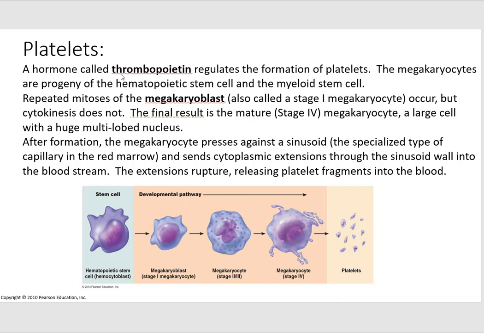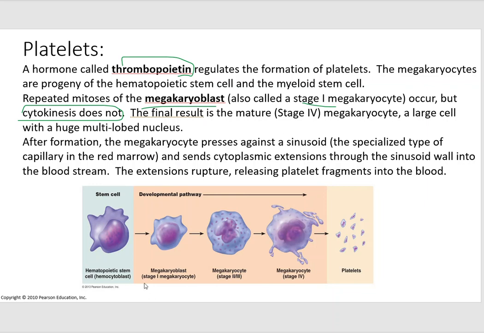Hormone called thrombopoietin. Remember we had erythropoietin to cause the production of red cells. We have this to cause the production of platelets. The megakaryocytes are going to respond to this and grow. They're going to go through mitosis. In other words, they're going to grow like they were going to divide, but they're actually not. Cytokinesis does not happen.